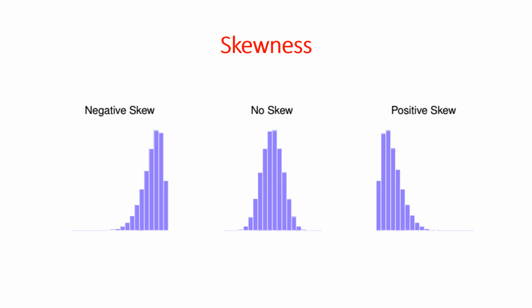So again, in the positively skewed data, the mean, the median, and the mode are not at the same line. So again, if you have positively skewed data, you need to think about what type of measure to report.